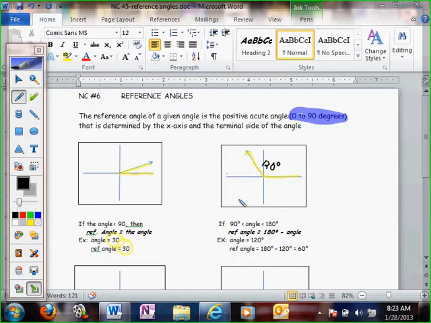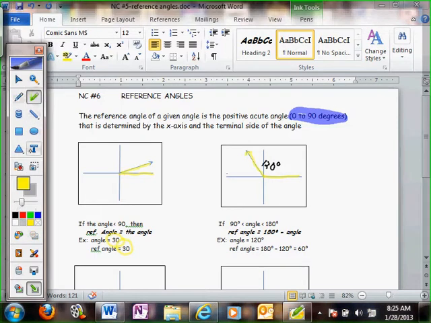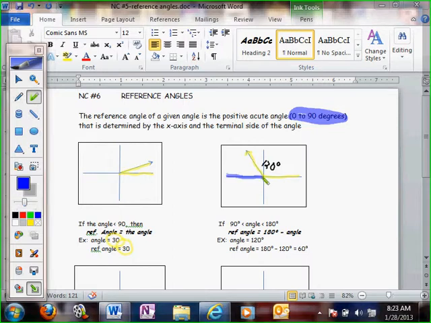Its reference angle is not 120 degrees because its reference angle has to be acute. The reference angle is formed with the x-axis and the terminal side. What I mean by that, if I look at the negative x-axis over here and the terminal side, where I'm highlighting in blue, that is an acute angle.